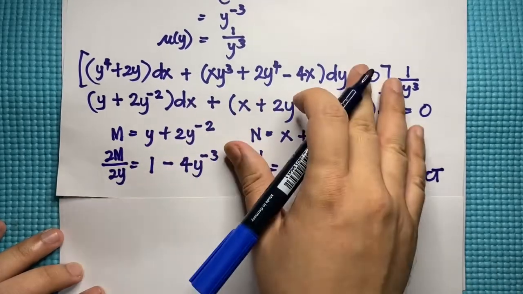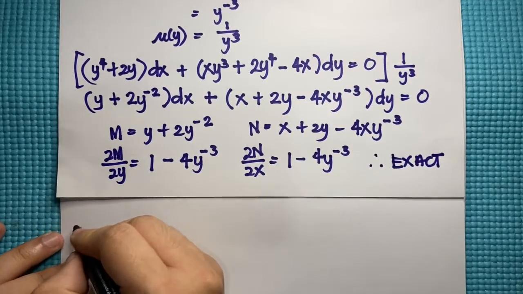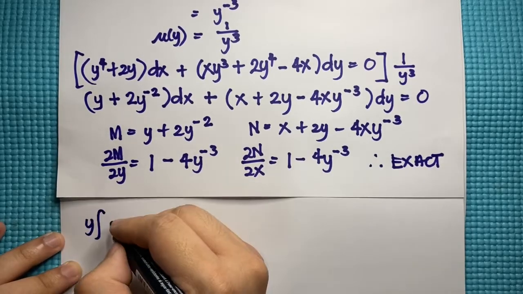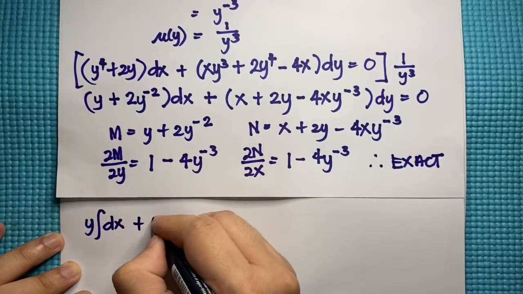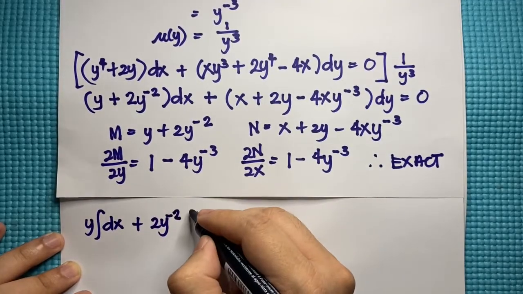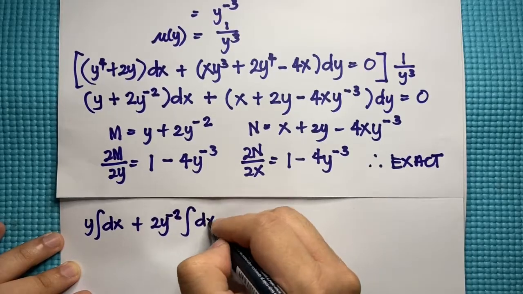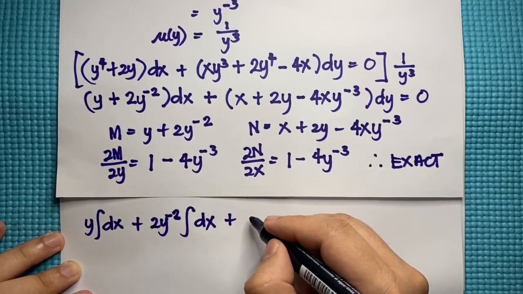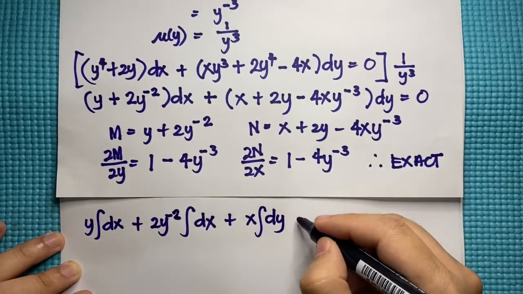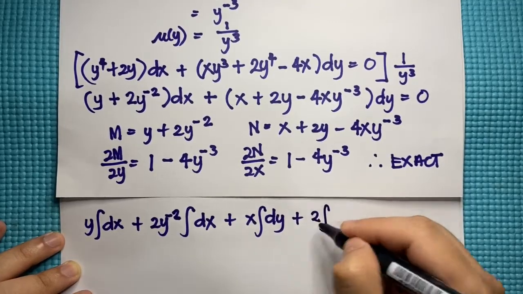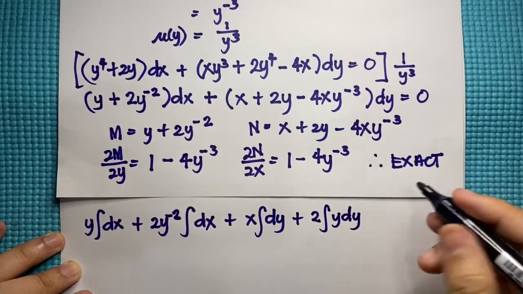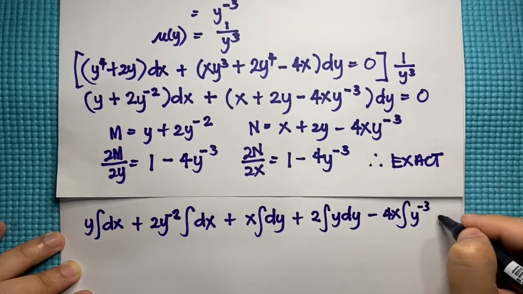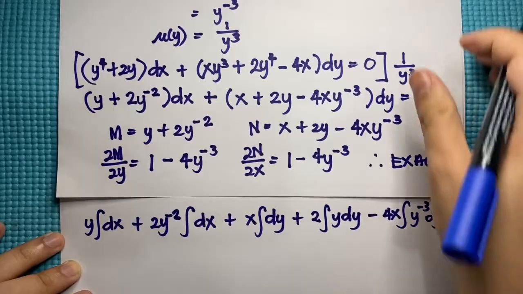We'll start with the differential dx. y would be multiplied with the integral of dx, then plus 2y raised to negative 2, again the integral of dx, then plus, this time we have dy, so x, the integral of dy, plus 2, the integral of y dy, and then minus 4x, the integral of y to the negative 3 dy, is equal to 0.